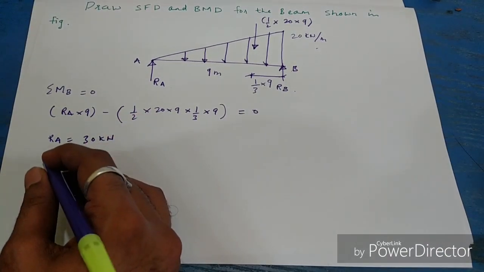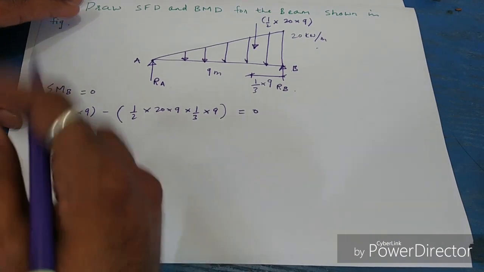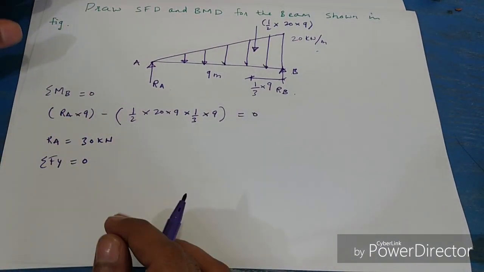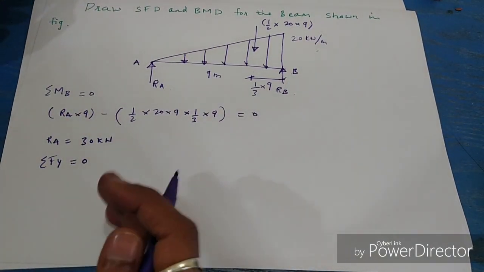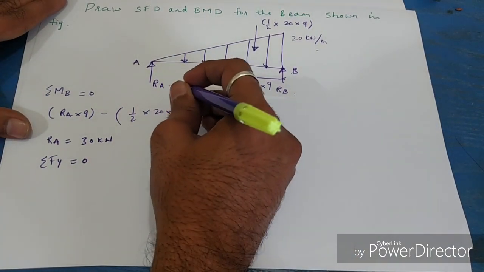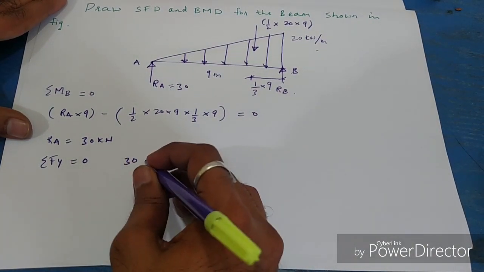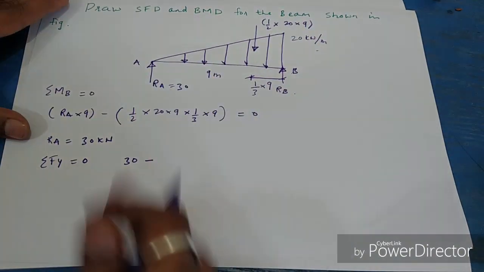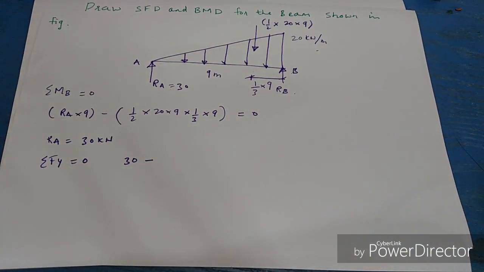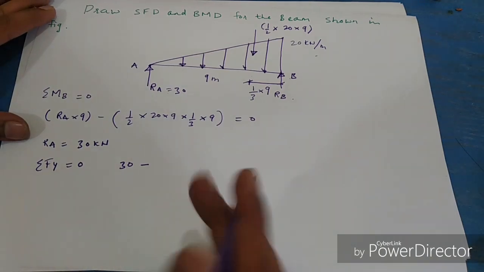To find RB, we have to use summation of Fy equal to 0. All the forces in the vertical direction are added and equated to 0. So 30 is going upward. The forces which are going upward shall be taken as positive, and the forces which are going downward shall be taken as negative.